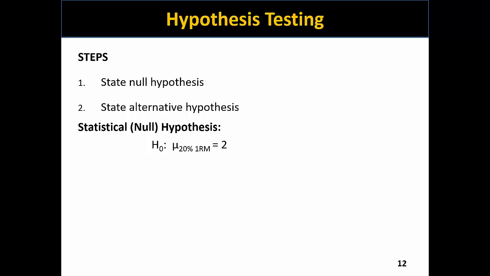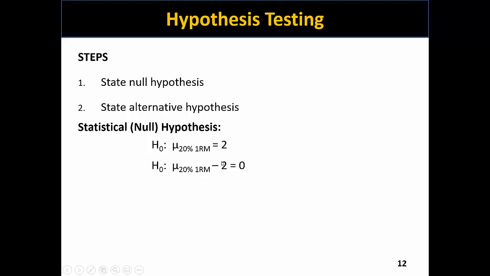So the null hypothesis in this case states that the sample measurement at a 20% weightlifting load would be equal to the population value of a 2 out of 10. Stated in a different manner, that the difference between the population and the observed value would be a 0.